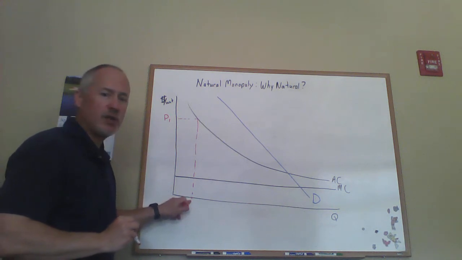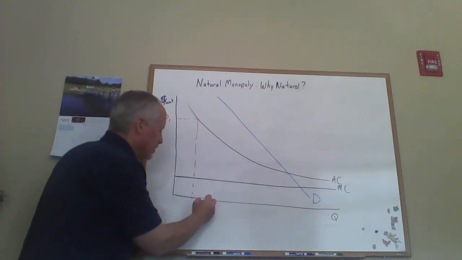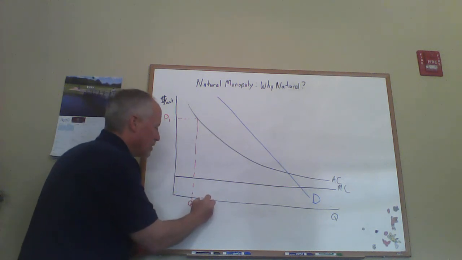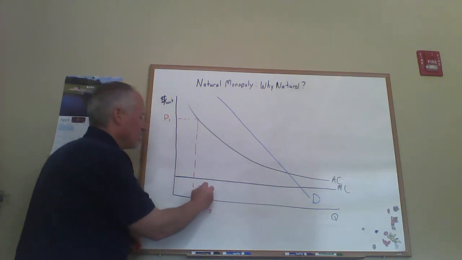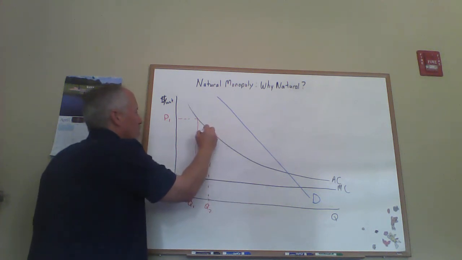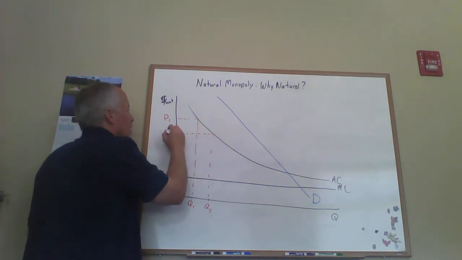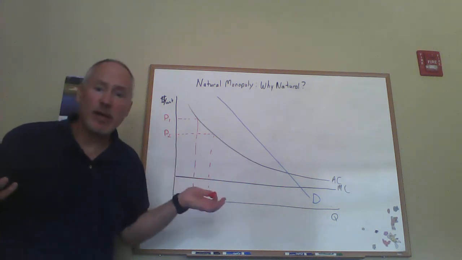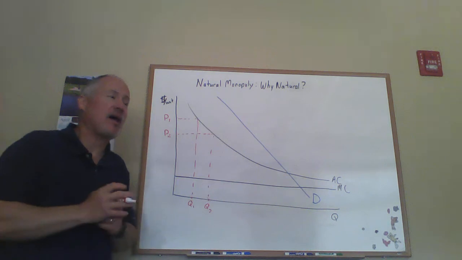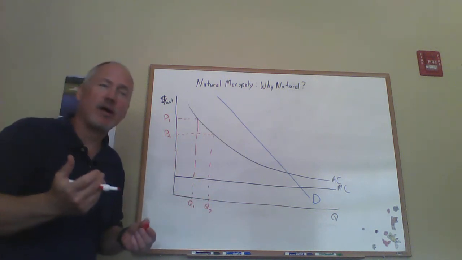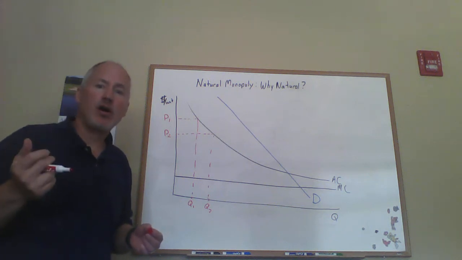If one of these firms gets a little bit bigger, so you have a whole bunch of firms here, all at Q1, and now one pushes their quantity out to Q2, their cost per unit falls. They can cut their price from P1 to P2 and still make a zero profit. So they're not operating at a loss. They have lower cost per unit, so they can charge a lower price and still cover their costs.